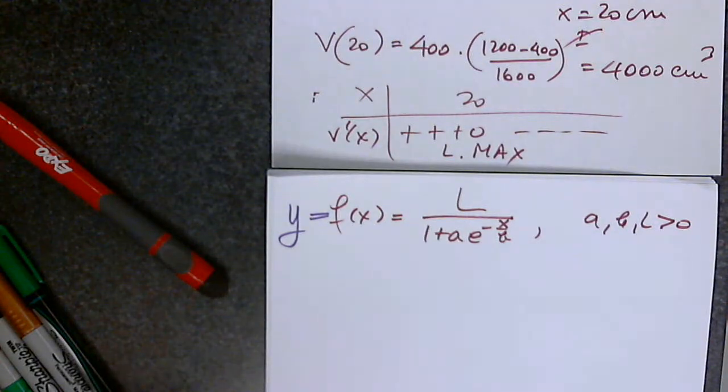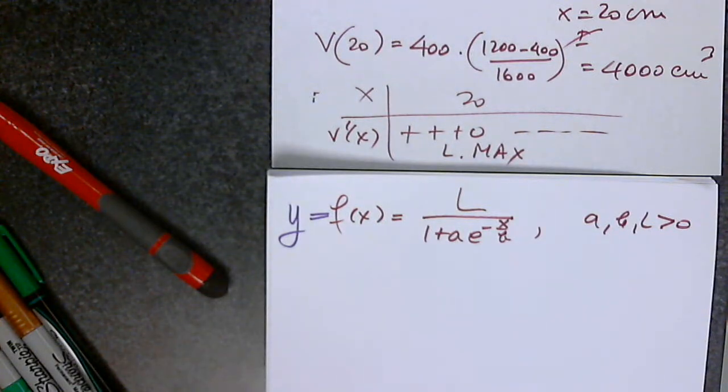Which function gives the rate? The first derivative. Then I'm asked to find the maximum rate. So if I have a function that is the rate, how do I find the maximum of this new function called rate? What do I have to find for it to find its maximum?